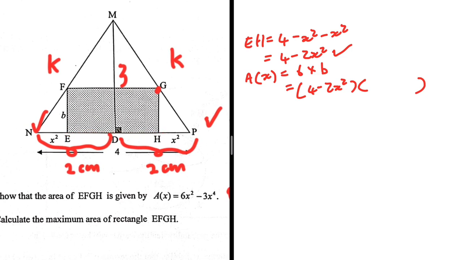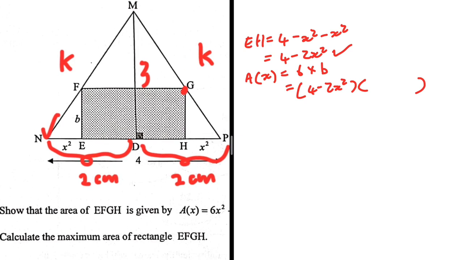We have the length of EH now. We just need the length of either EF or GH. If we get that, then we are good to go.